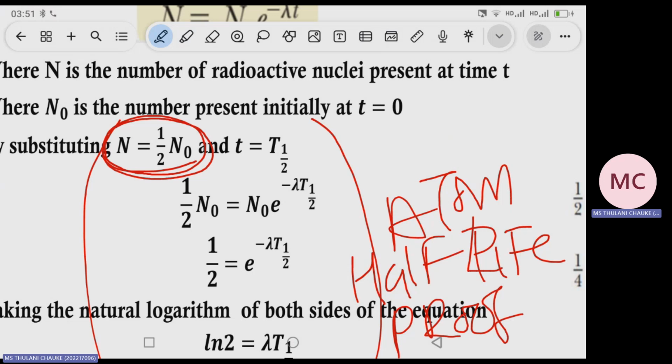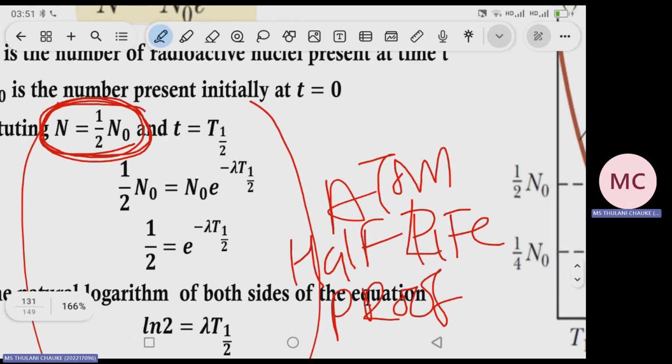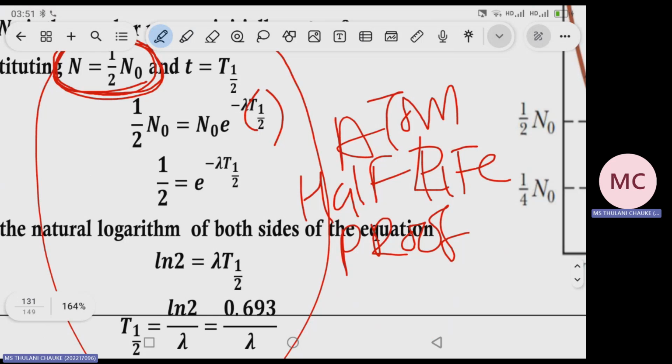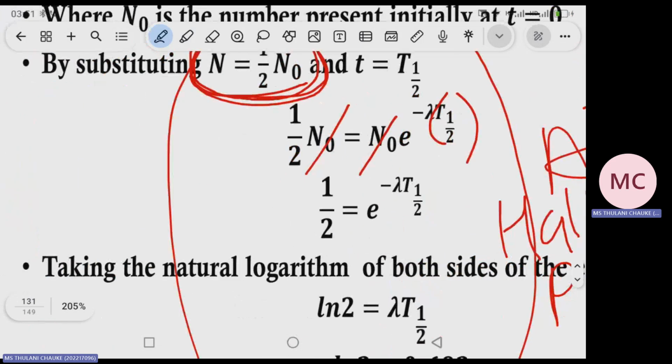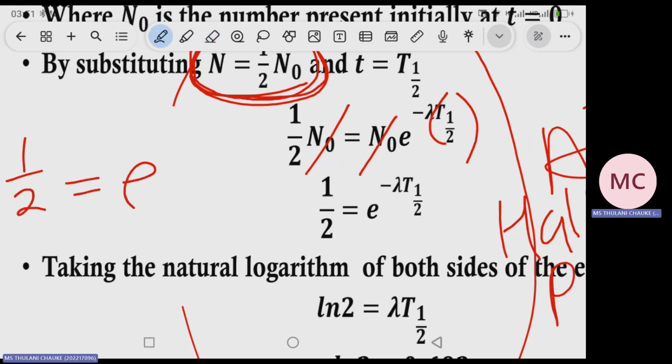Because we're talking about the half-life, the final will be half of the initial, and t will be T half. They cancelled the N initial, and then you are left with half equal to e to the negative lambda T half.